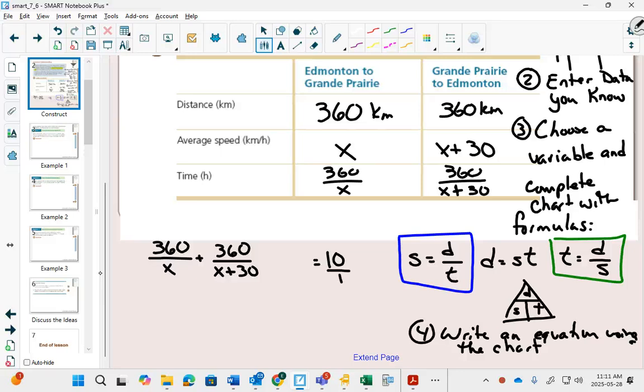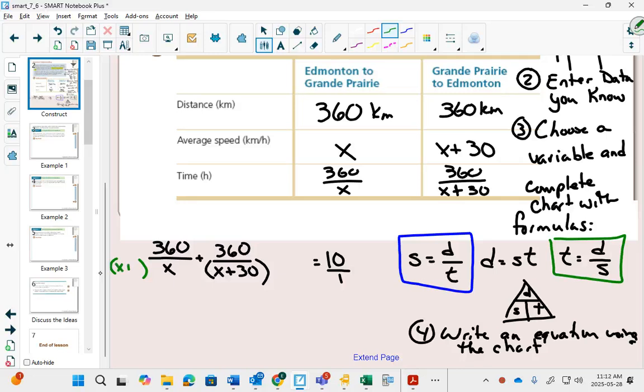I can make a 10 over 1. And we solved rational equations yesterday and the day before. The strategy was, first, get a common denominator, and then you can multiply to get rid of that denominator. So here, with the x and the x plus 30 and the 1, this x plus 30 would be grouped together.